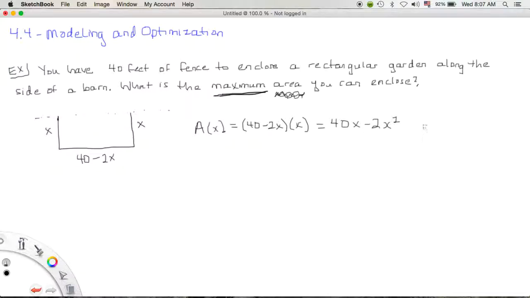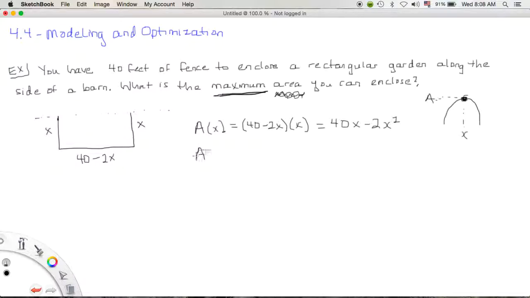And so what we're looking for is that point where we have this maximum, because this x value here is going to give us a maximum area, because all the x values on our graph are the width and all the y values are the area that we've enclosed. We want to know what the x value is to get that maximum area.